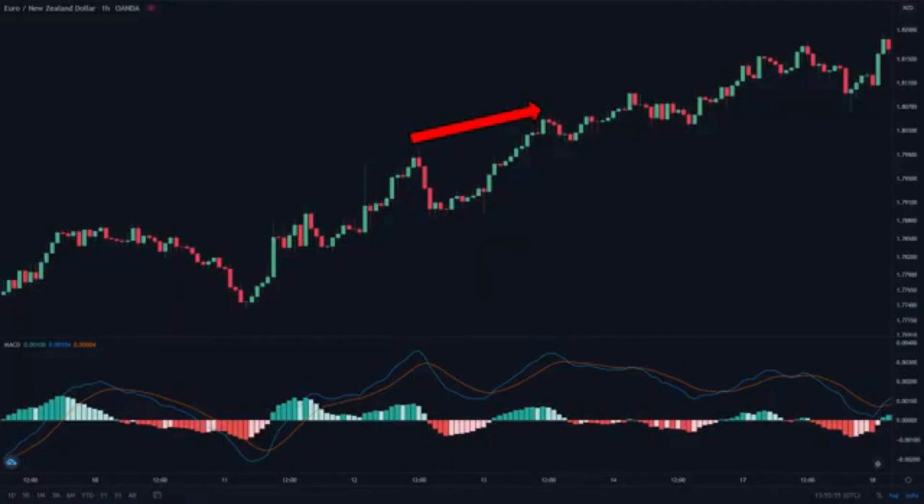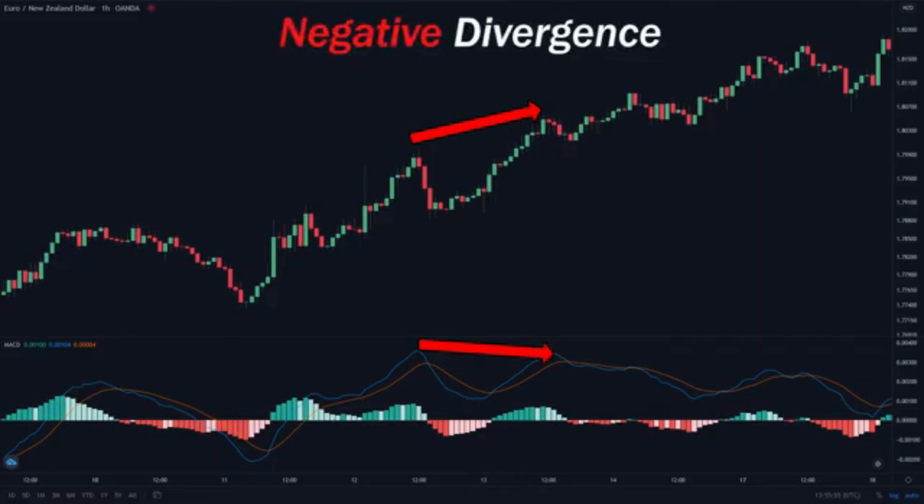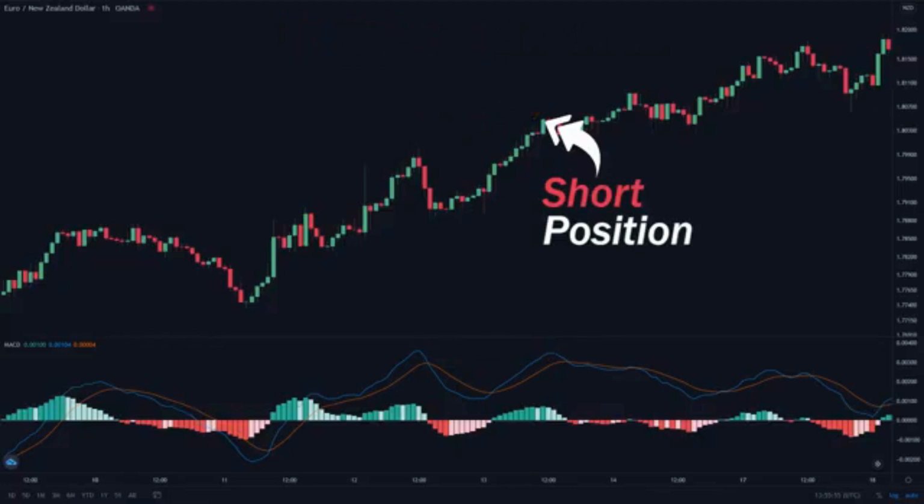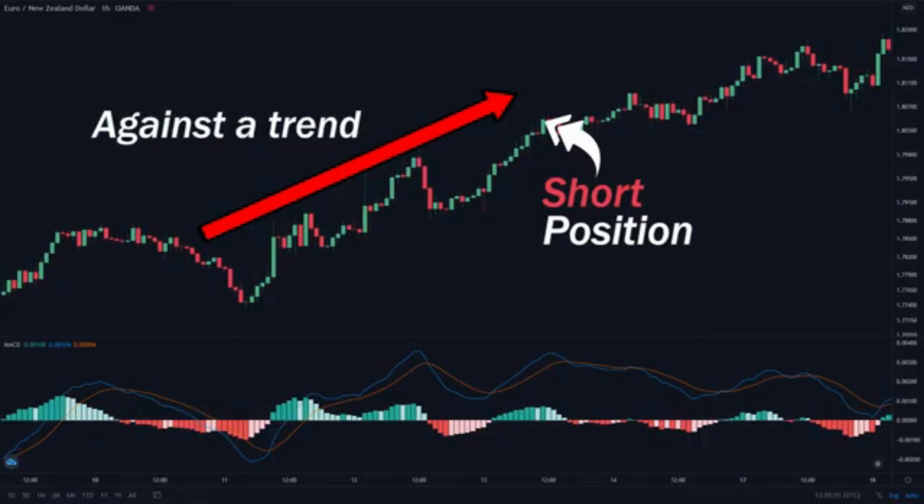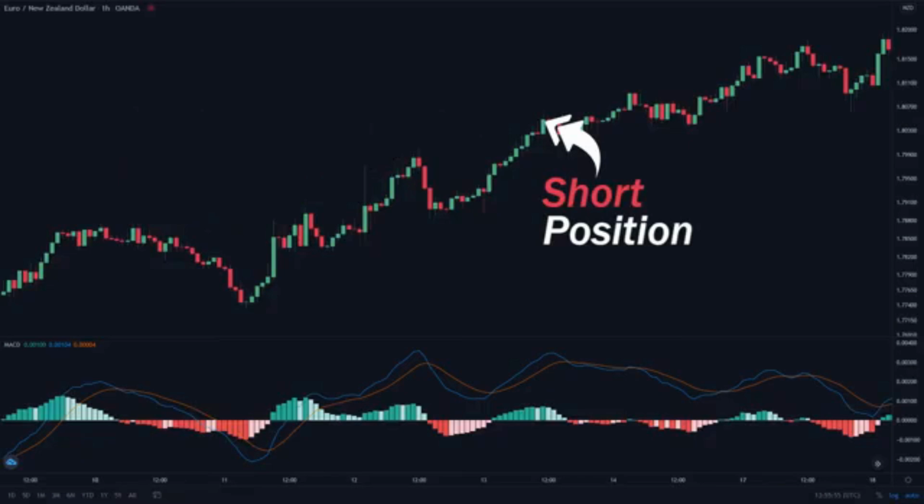But if you see the actual indicator, it is forming lower lows instead. So this is a negative divergence, meaning you should take a short position here. Well, this is where the divergence didn't do a really good job. Since we are aiming for a reversal, it means that we are taking a position against a trend as shown here. And if you took a short position here, that would result in a loss.